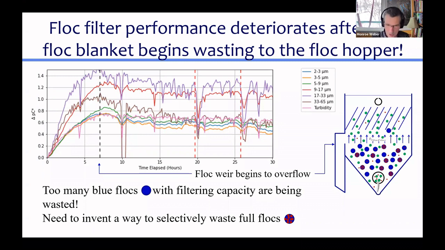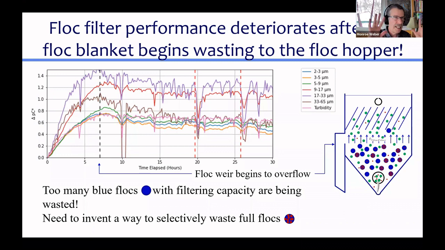And you see that there's this very interesting trend. Okay, and there's all these different particle sizes ranging from 2 to 3 micrometers up to 33 to 65 micrometers. And then there's also just the turbidity meter that measures all the particles that are in there. And you see that there's little differences in the trends, but let's focus on the group of particles like between 2 to 3 and all the way up to 5 to 9 micrometers.